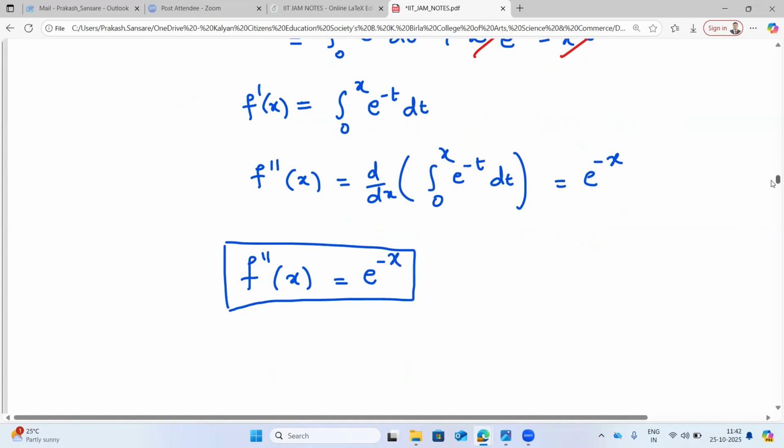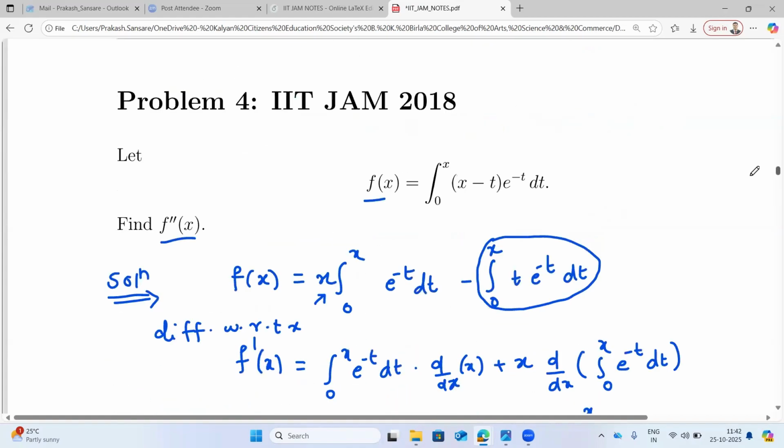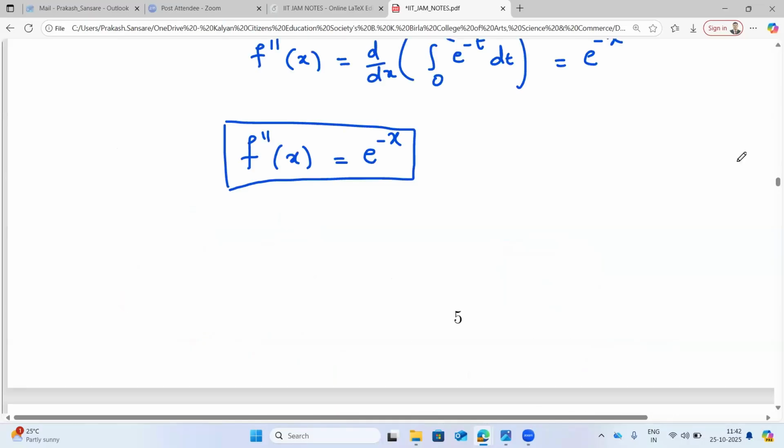Many a times in exam, the board may ask, instead of this, find out f double dash at 1. That won't be difficult, since you are calculating f double dash, f double dash at 1 is e to the power minus 1, or 1 by e. Or if it is asked f double dash at 0, then it is 1.